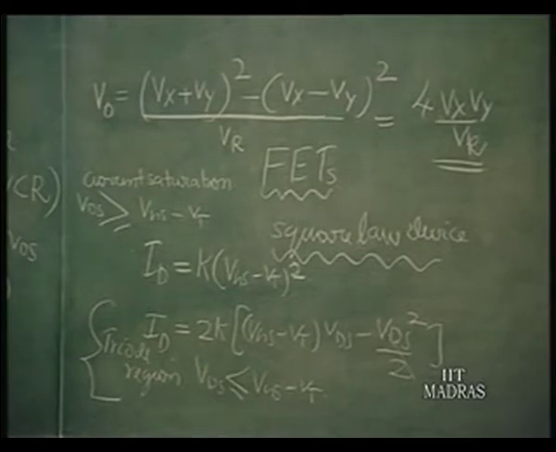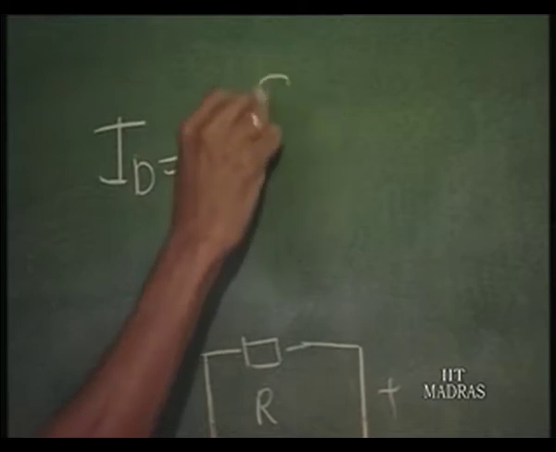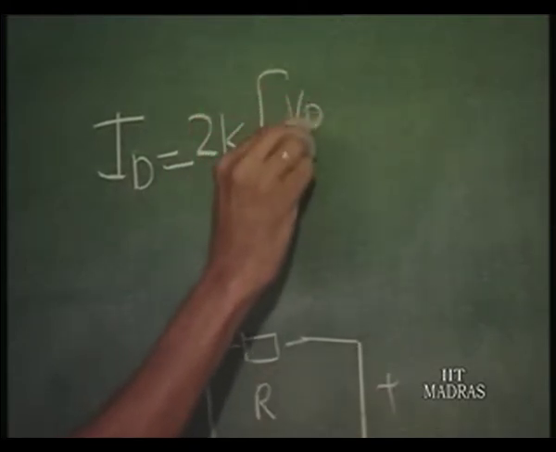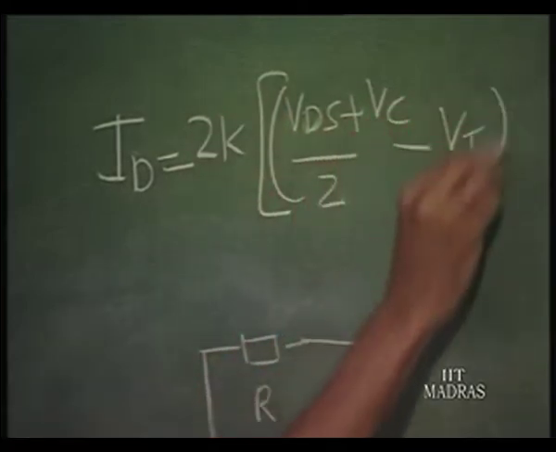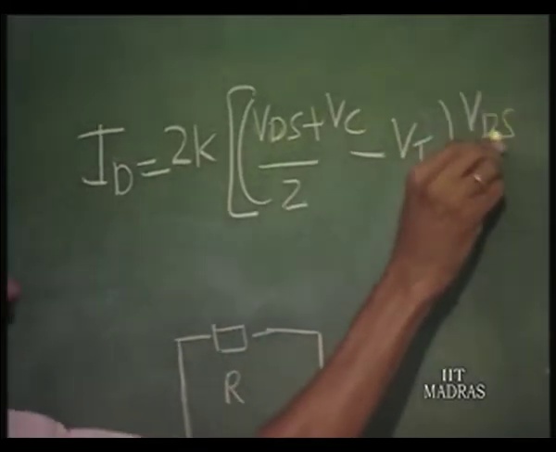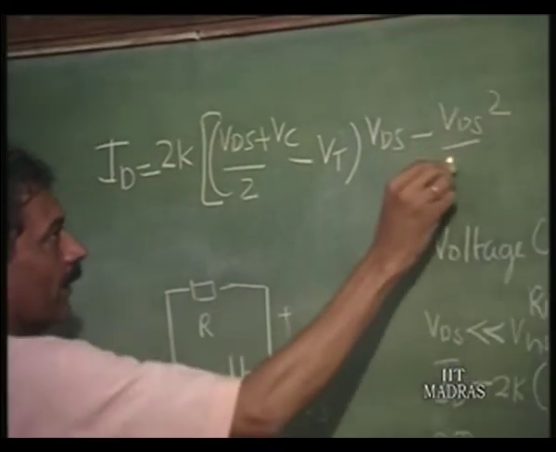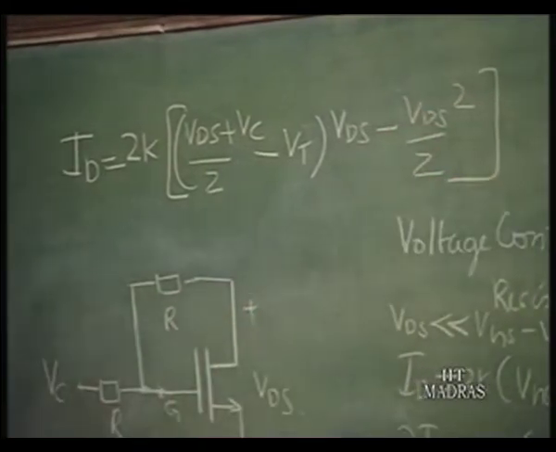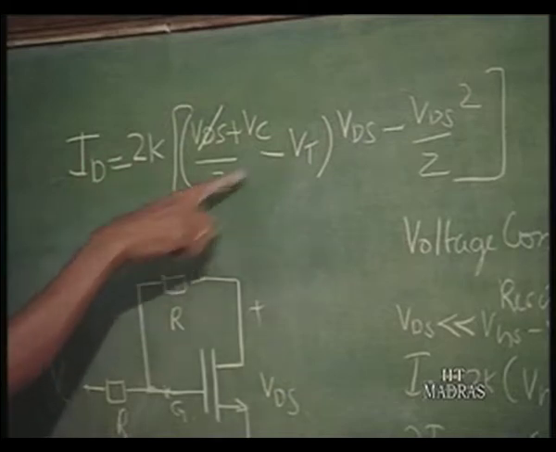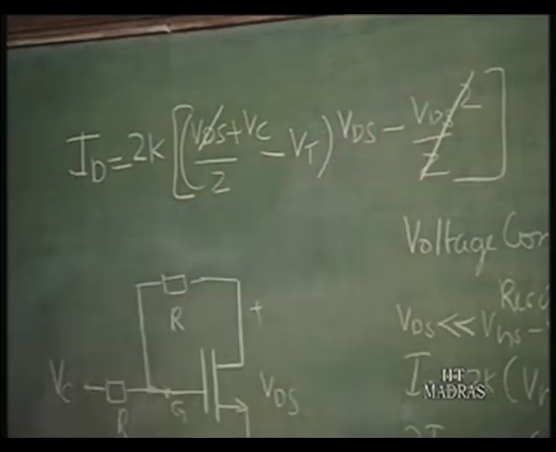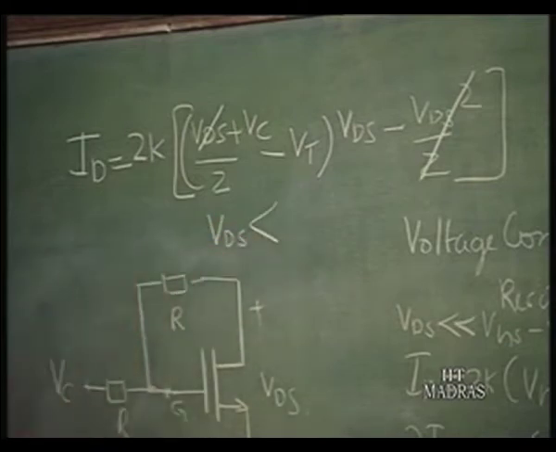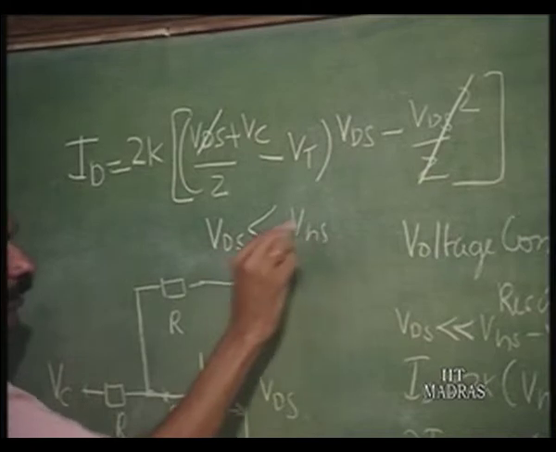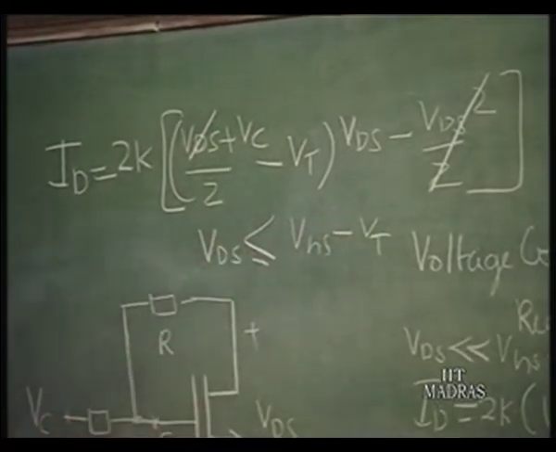ID is equal to 2K times (VDS plus VC by 2 minus VT) into VDS minus VDS squared by 2. So, you can get this VDS squared by 2 cancelled exactly, okay, and you get a linear field effect transistor which is usable in a range which is VDS less than VGS minus VT, not necessarily much less than.